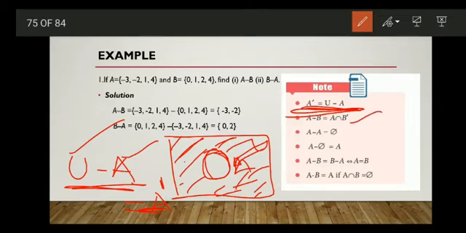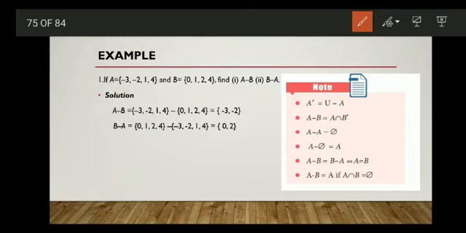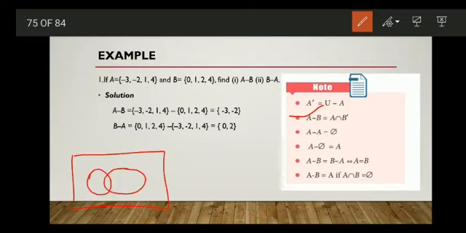So the second one they have given: A difference B is equal to A intersection B complement. Okay. First we'll draw the Venn diagram of A difference B. How to draw A difference B? When A and B are overlapping sets, A difference B will be elements in A but not in B. Right.